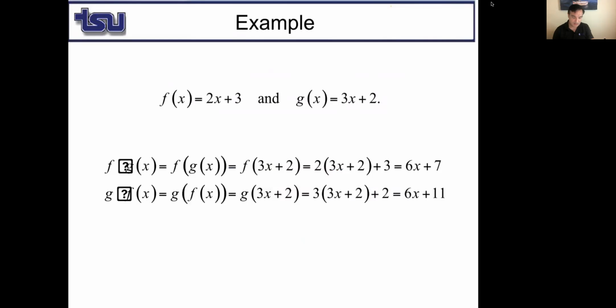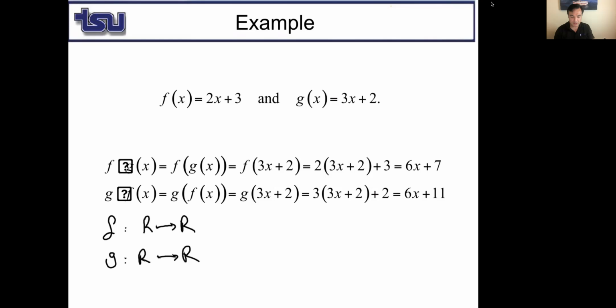So what does it mean? For example, let's look at this. We have f from real numbers to real numbers. We have g from real numbers to real numbers.